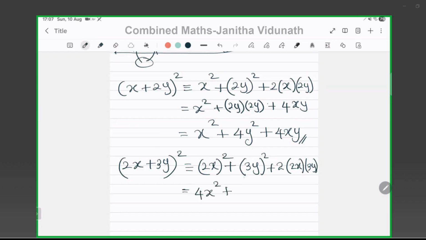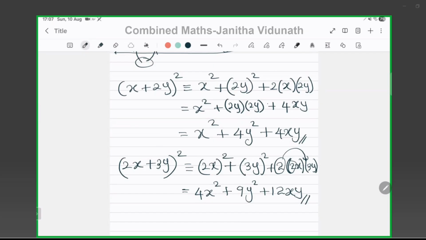Here we get 3 square means 9 and y square. Then we get 2 times 2x times 3y. Here 2 times 2 we get 4 and 4 times 3 we get 12. Then we get 12xy. Okay, I think you can understand this.